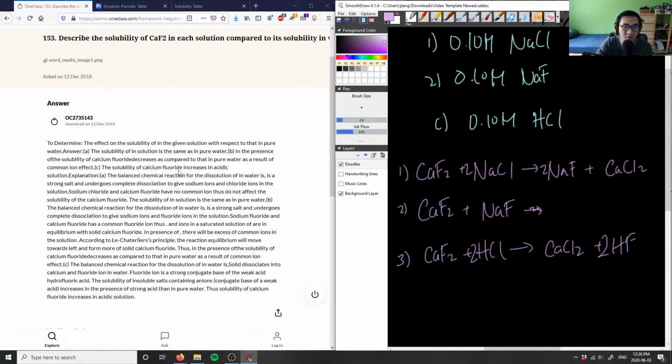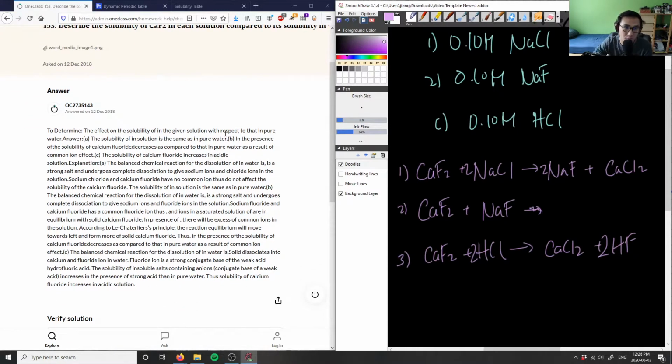So it says here the effect on solubility in a given solution with respect to that in pure water. It says the solubility of calcium fluoride decreases as compared to in pure water because of the common ion effect. So this is the common ion effect. We have Ca here and Na here.